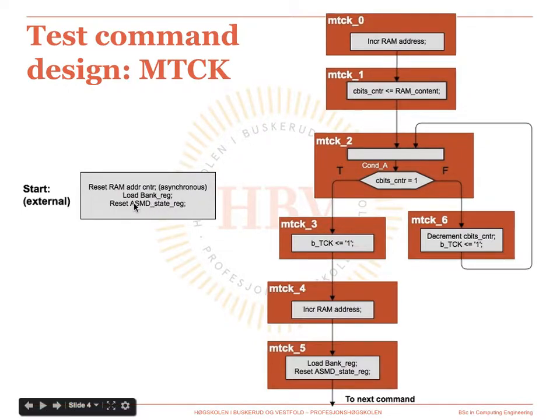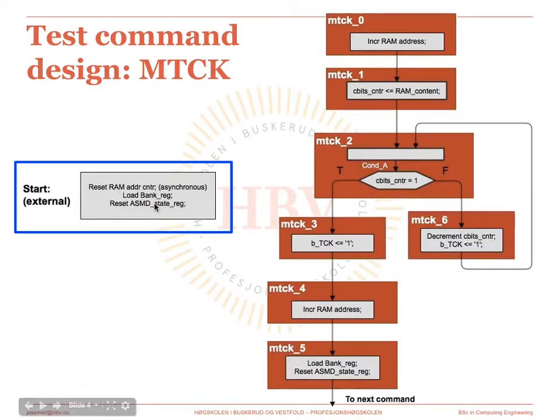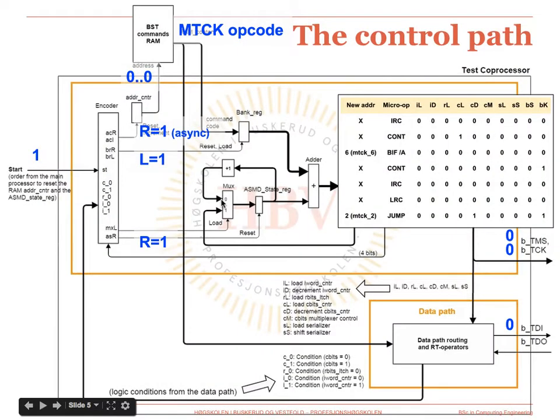Everything begins with the external start order, which must initialize the control path architecture. This means that we must reset the shared memory address counter, we must load the bank register, and we must reset the ASMD state register that defines the microprogram memory address offset within each section. Let's see how this happens.